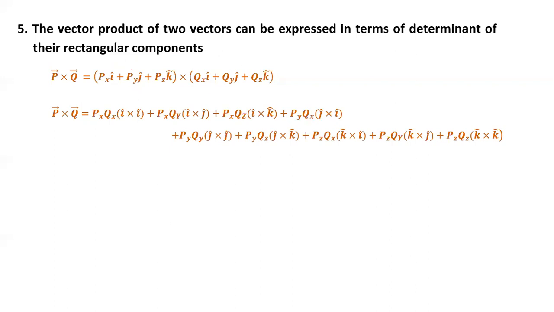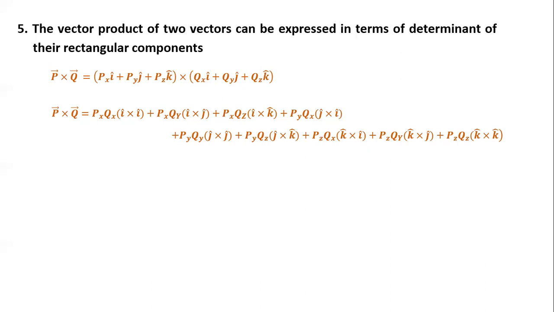Then next, pz into every term of the bracket. Pz qx, here it is k cap and here it is I cap, k cap cross I cap. Pz qy, k cap cross j cap. Pz qz, k cap cross k cap. So we split the terms.